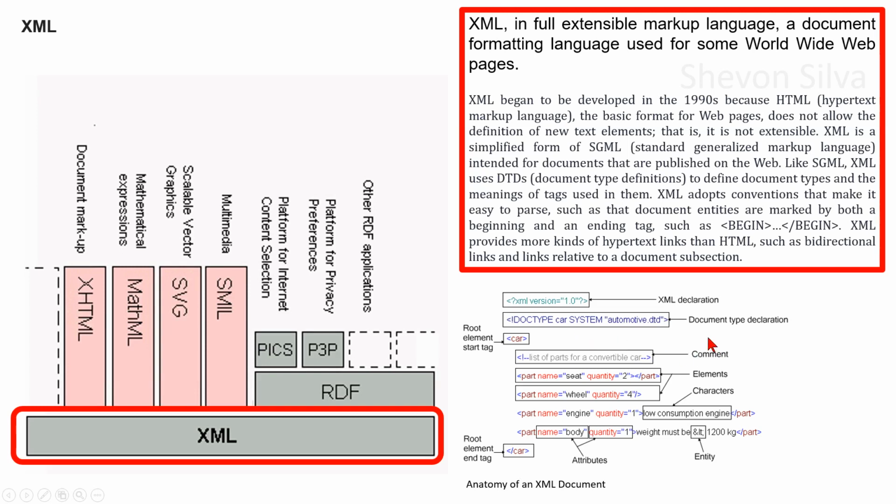This vocabulary is stored in an external file with the .dtd extension, automobile.dtd, though it can also be inlined in the document. The document type declaration is optional and tends to be gradually replaced by another equivalent but more powerful mechanism called XSD schemas.